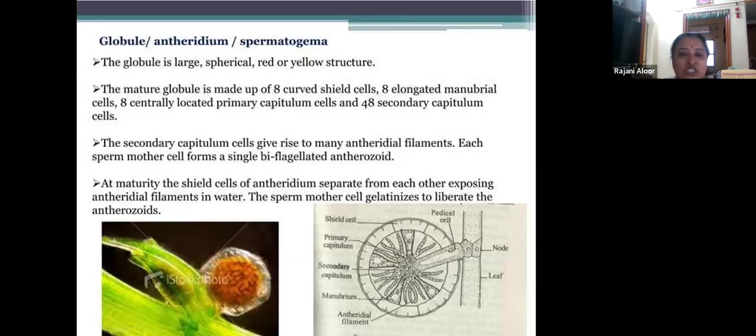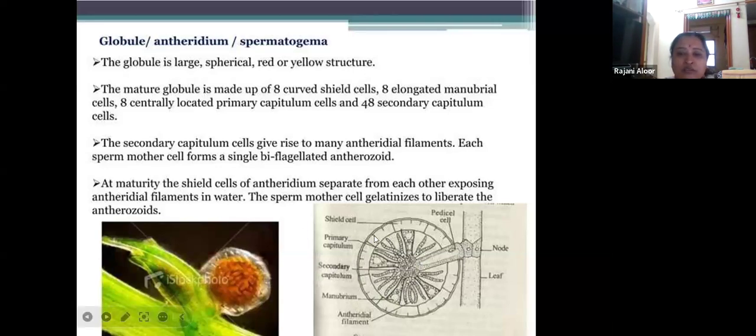And the shield cells. The pedicel is completed; the second part is called the shield cells. You should learn the names of all these cells by heart. Each globule is in the form of a ball-like structure, whose wall consists of cells called shield cells.